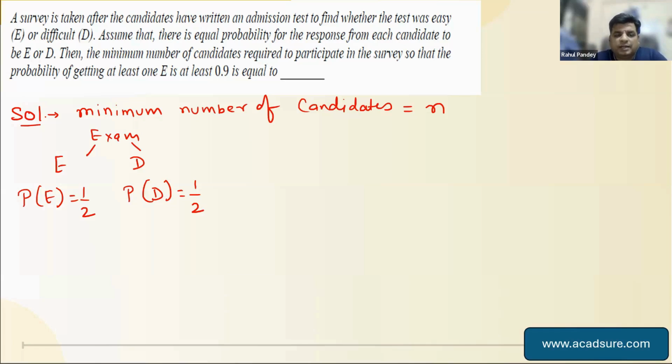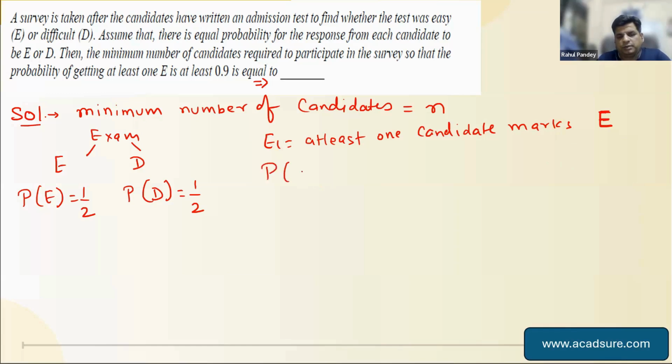the probability of getting at least one E is at least 0.9. Let the event E1 be at least one candidate marks E, which means easy.